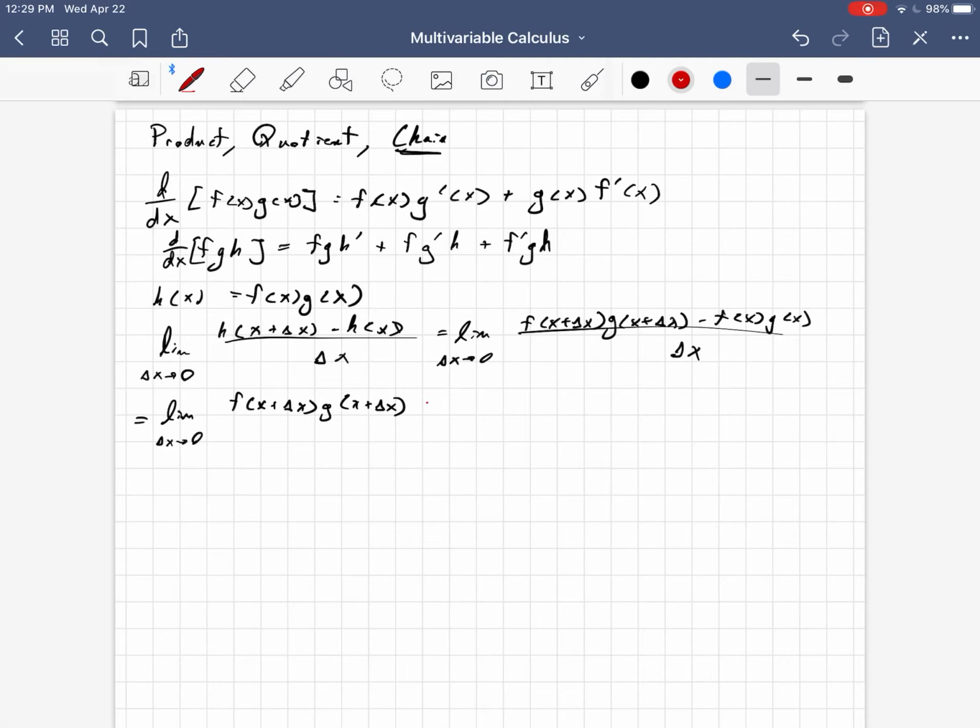Anyway, so we have f of x plus delta x times g of x plus delta x. Now, what I'm going to do is add 0, and my 0 is going to be in the form negative f of x g of x plus delta x plus f of x times g of x plus delta x.